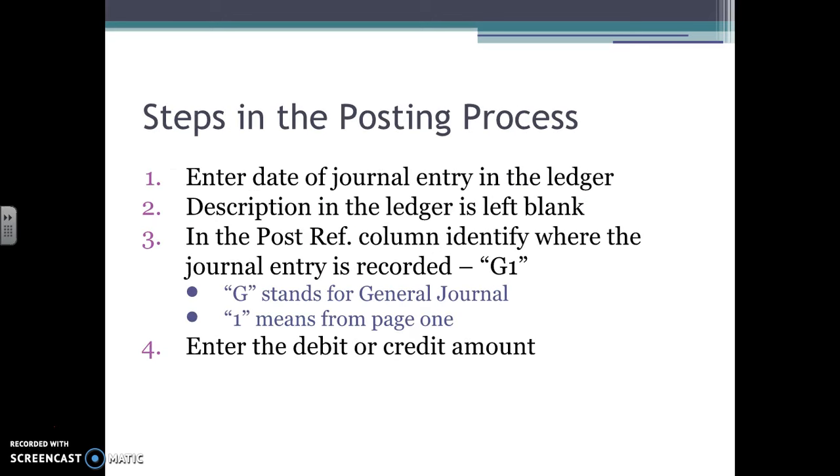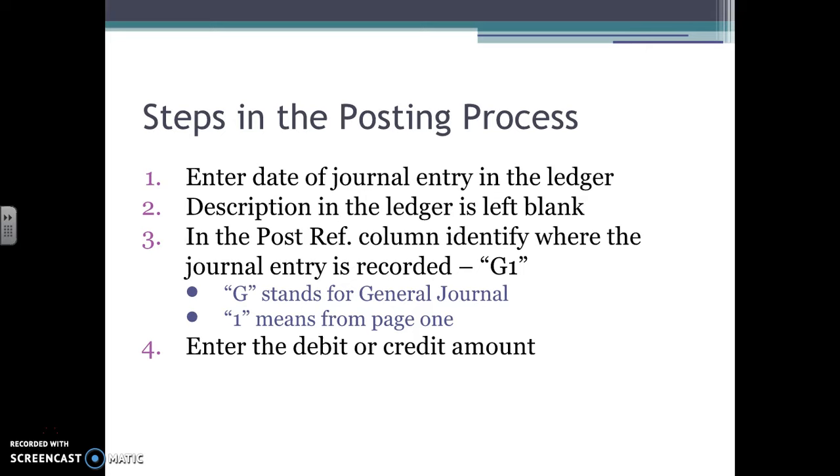Now, the posting process. The first thing that you're going to do is enter the date of the journal entry in the ledger of the account that's being affected. Then you are going to write the description in the ledger if needed, but most often it's going to be left blank. Number 3, in the post reference column, identify where the journal entry is recorded.